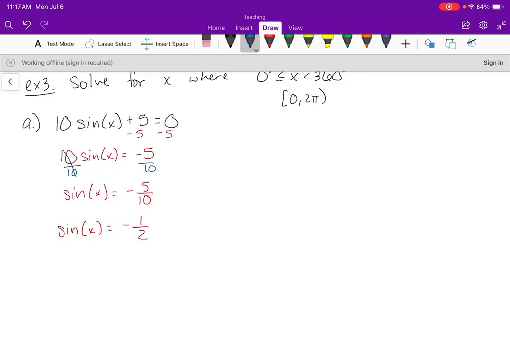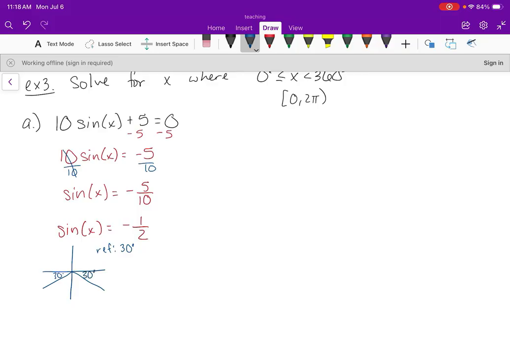Sine is negative in quadrants 3 and 4. And my reference here, if I go look at my table, sine is 1/2 at 30 degrees. So I'm looking at references 30 and 30.